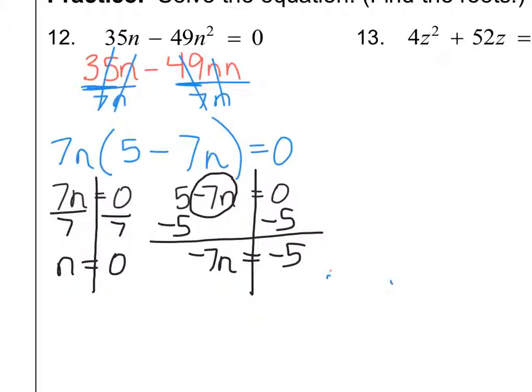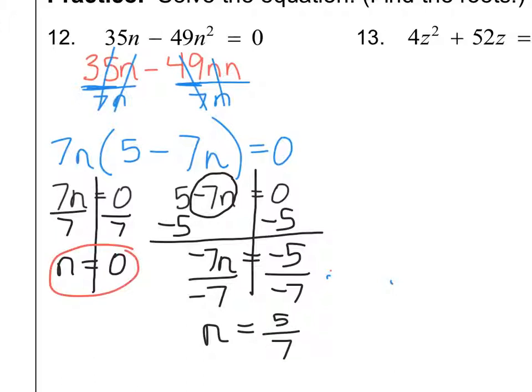Still solving for n, so I'm going to divide both sides by the coefficient, which is negative 7. So I got n equals positive 5/7. So my answers to this are n equals 0 and n equals 5/7.